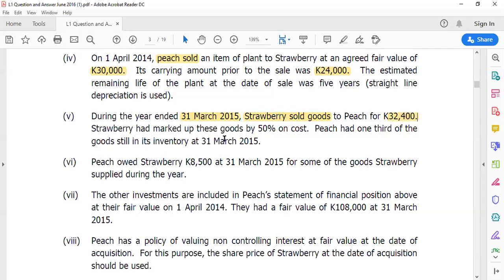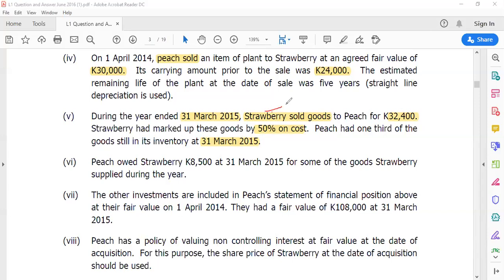Strawberry had marked up these goods by 50% on cost. You see? 50% on cost. Peach had 1/3 of these goods still in its inventories at the 1st March 2015. Oh yeah, good. There's a small story here, Mr. Kafuti. We are being told something here. The sub sold.